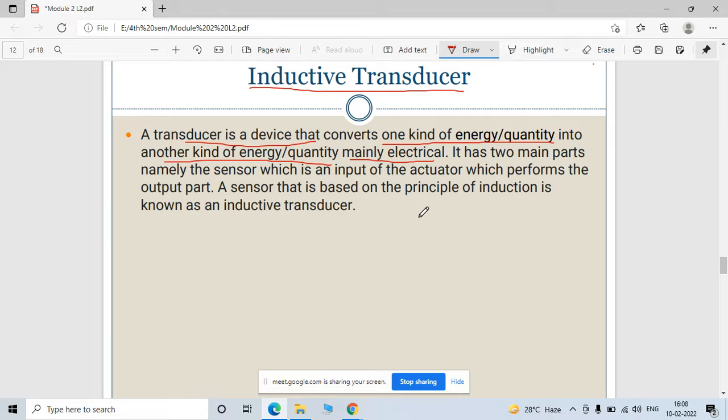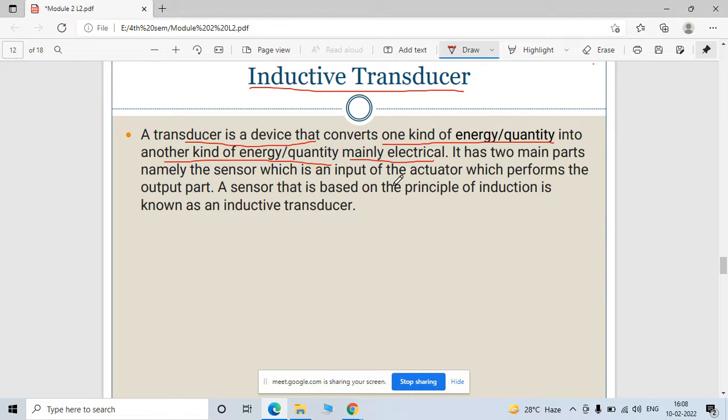The basic principle for this inductive type of transducer is self-generating induced EMF. It works on self-generating EMF, or those are not capable of generating the EMF.